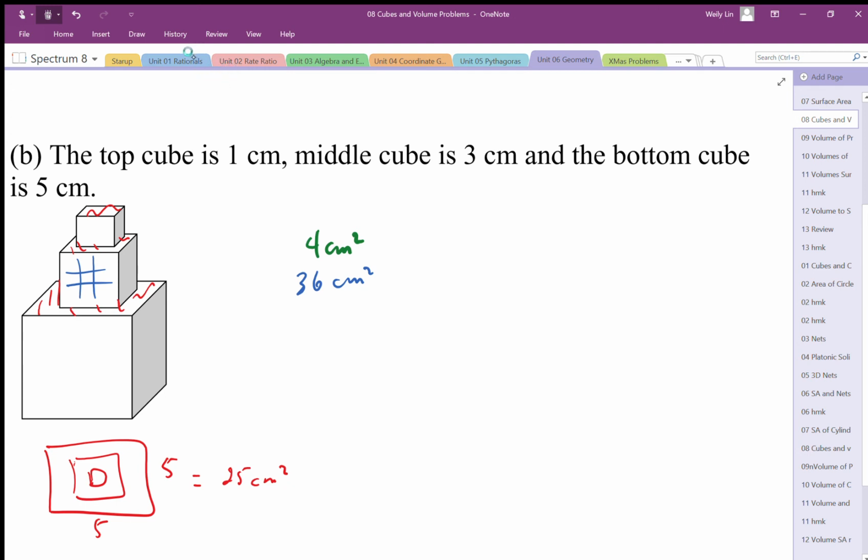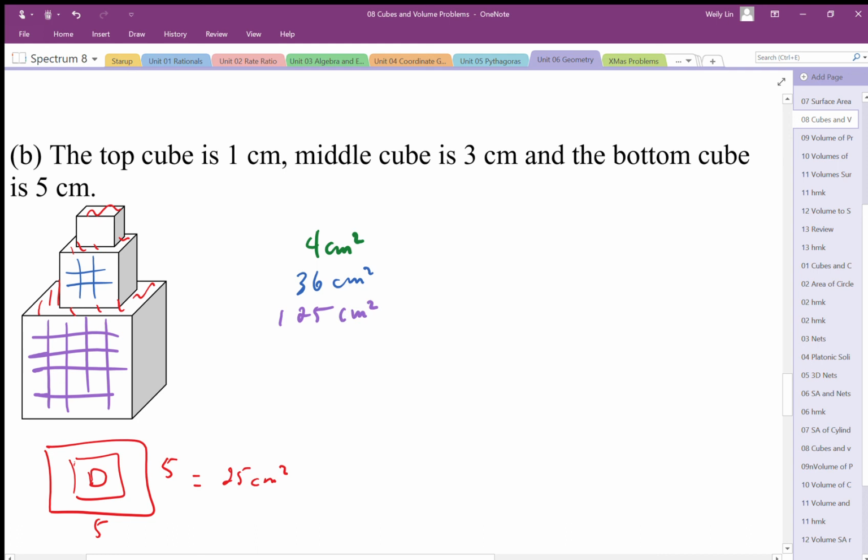Let's do that one in purple. Okay, so this has got 25 squares on here, and there's going to be 4 surfaces. I'm going to actually count the bottom together, so there's 5 surfaces of 25. So I get 25 centimeters squared like that, 125. And then I'm going to count for the top 25 centimeter squares. Okay, and summing that all up, I get 150 plus 40 is 190 centimeters squared. Okay, so that's my surface area.